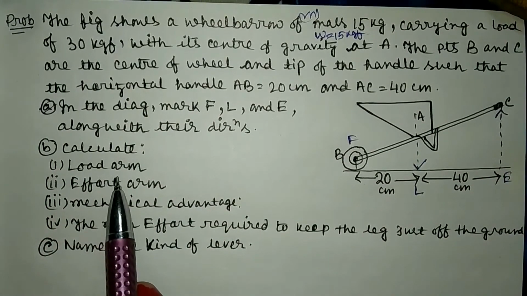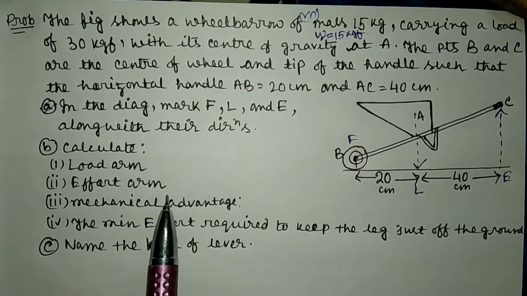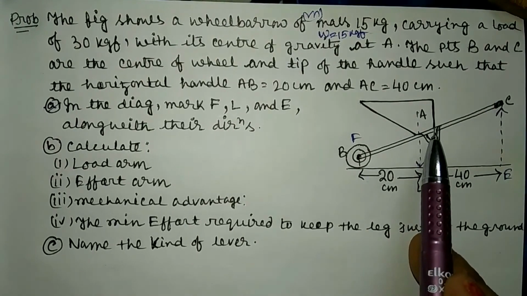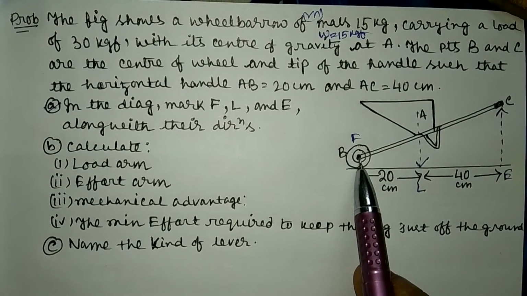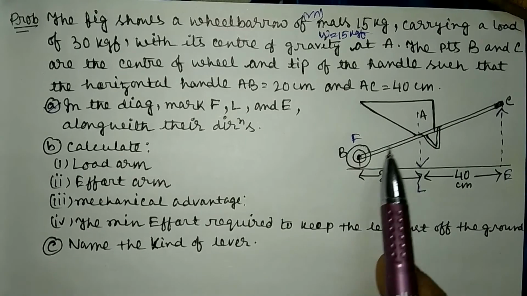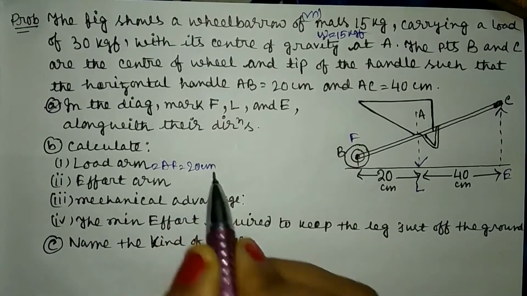For part B, calculate load arm, effort arm, mechanical advantage. So, here the load arm means the distance from the fulcrum to the load. Therefore, the load arm is 20 cm, that is AF equals 20 cm.